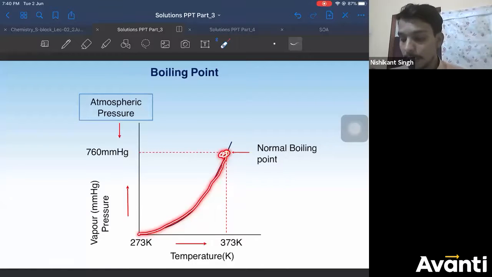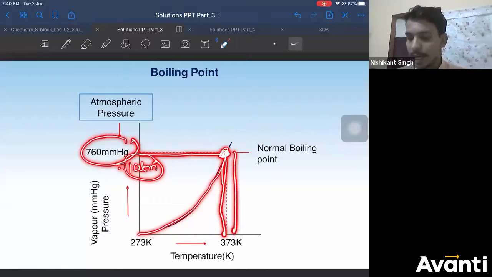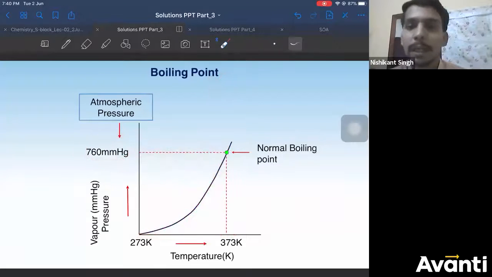At a particular temperature, the vapor pressure of the liquid becomes equal to 760 mm. 760 mm is also called 1 atm, 1 atmosphere. So this temperature at which vapor pressure of the liquid is 1 atm is called boiling point. Is the definition clear now?